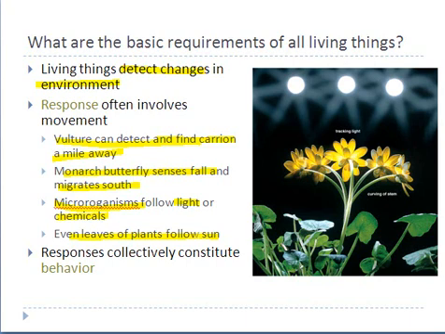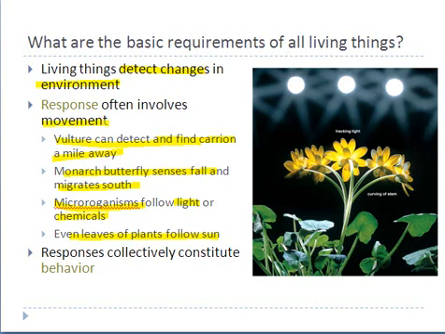So these are responses that involve some sort of movement, and living organisms will respond to these environmental changes.